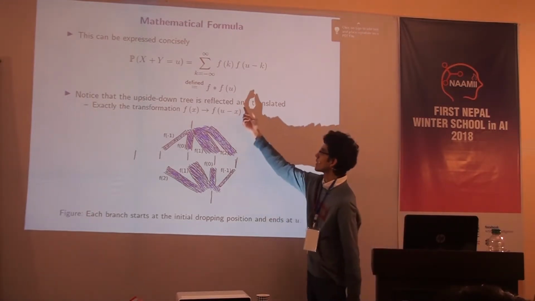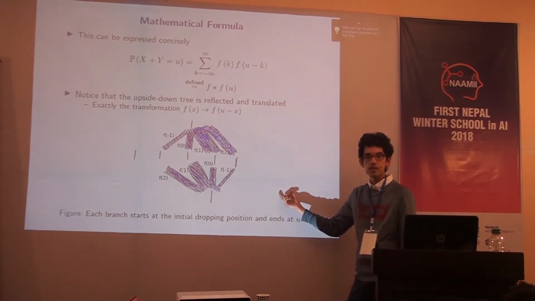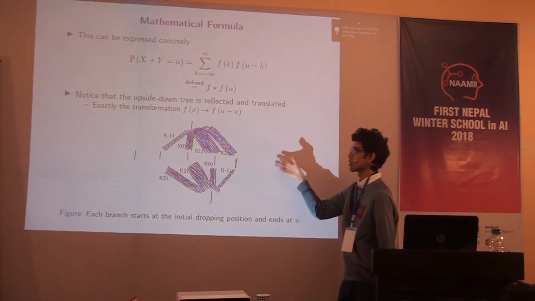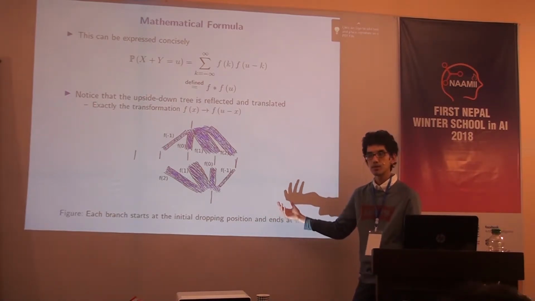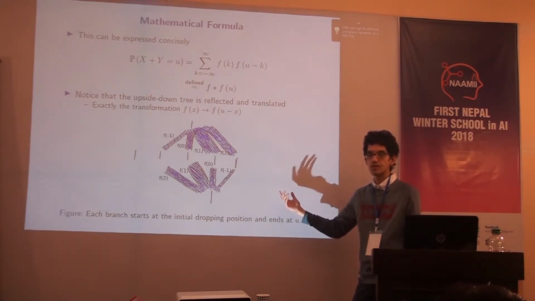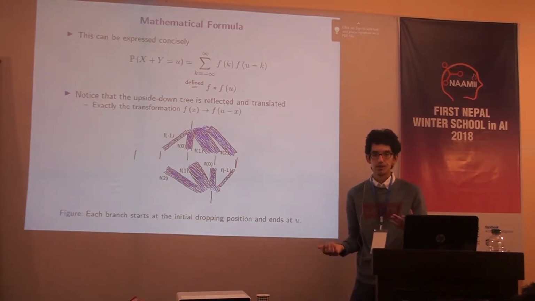If I had translated it by a lot, then there would be no branches that match, in which case my convolution is going to be 0, because of the product of all these probabilities, there's no way to get there. So my convolution is 0.